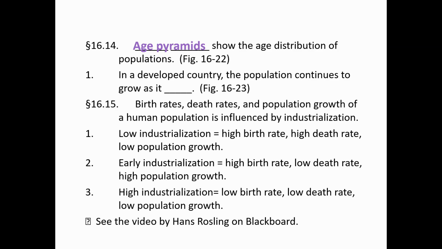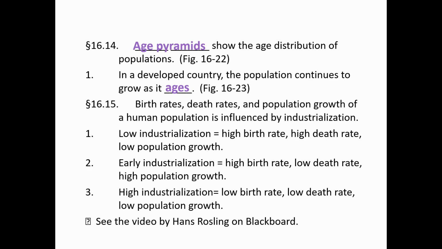When we're looking at different countries, we can look at those that are more developed or less developed. And in a more developed country, the population continues to grow as it ages. The birth rates, the death rates, and population growth of a human population are influenced by industrialization as well. If we look at low industrialization, early industrialization, and high industrialization, we'll see differences in the birth, death, and population growth rates.